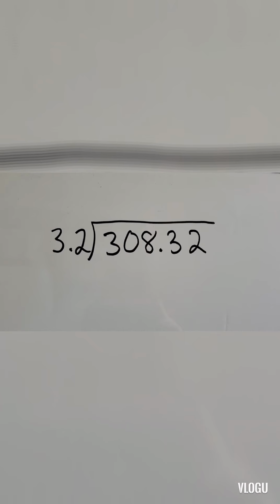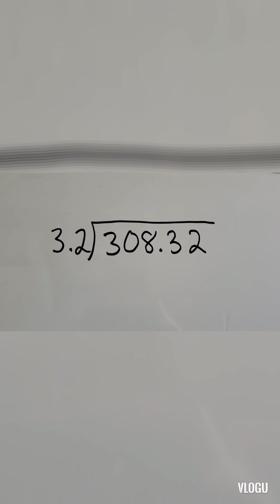So now I needed a guess. How many times does 32 go into 160? Well, I'm going to round 32 down to 30. And 160 rounded down is 160. All right, that made it easy.